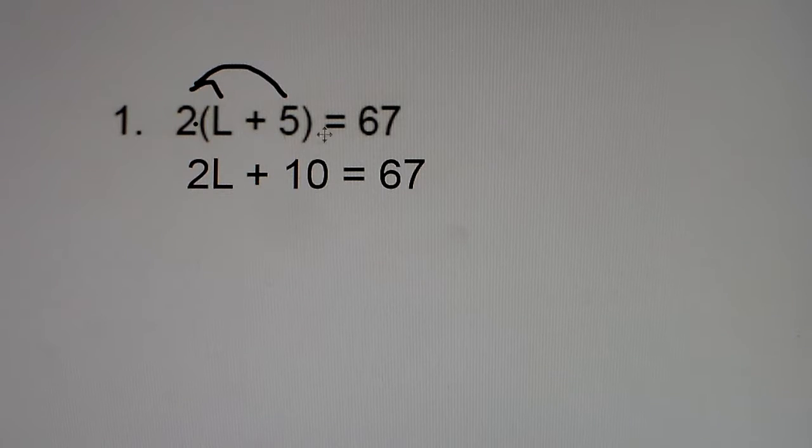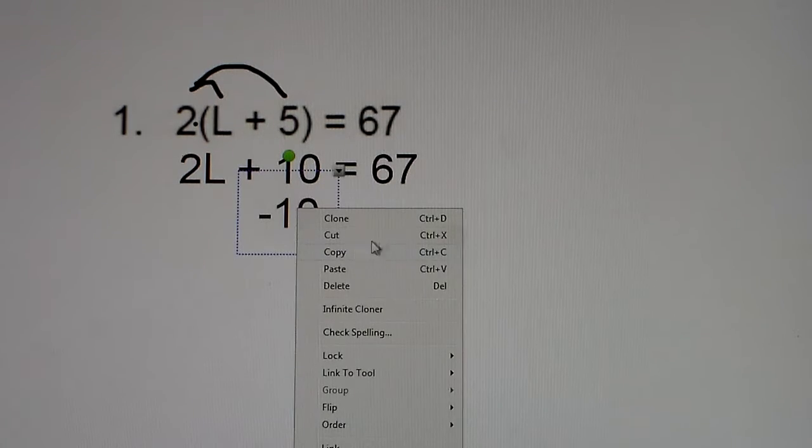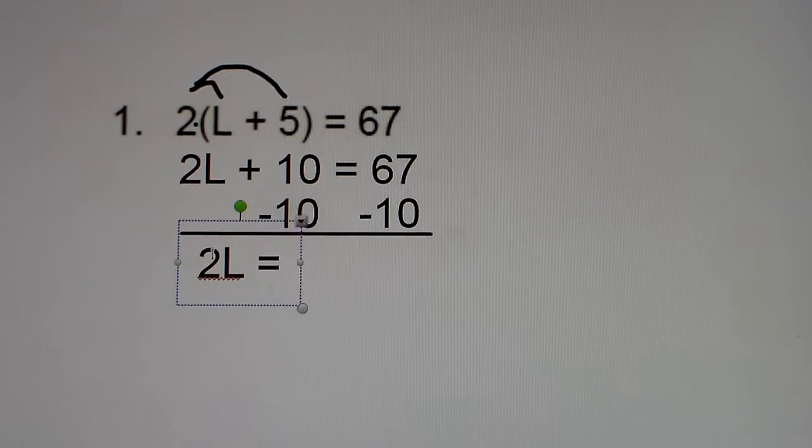Then we're going to use our inverse operations, just like we practiced. You probably don't need me to say them, but I'm going to anyway. Subtract 10 from both sides, and we get 2L equals 57.